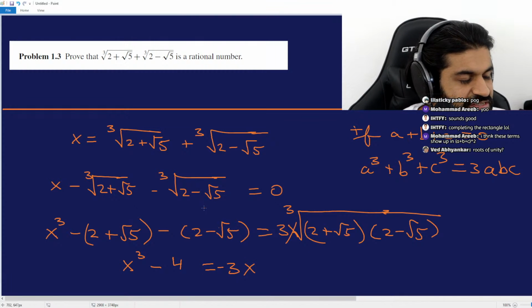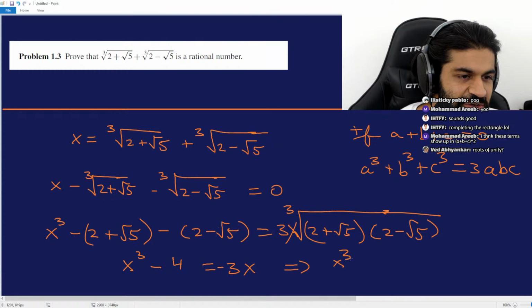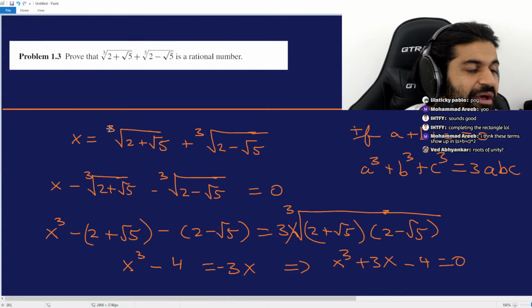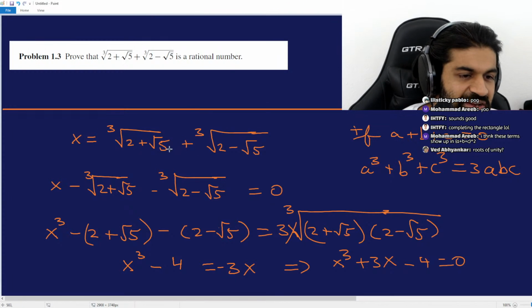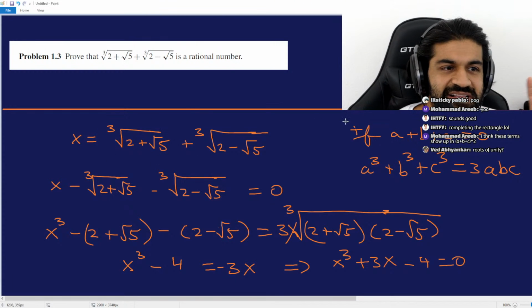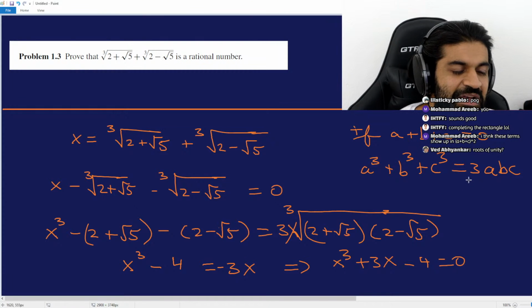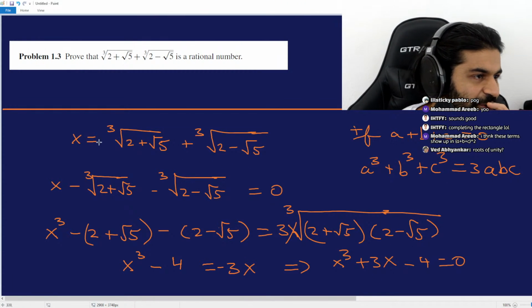So x cubed plus 3x minus 4 is equal to 0. That's very interesting. If x is equal to this expression, then using this amazing factorization fact, you immediately get that such an x must be a solution to this equation.